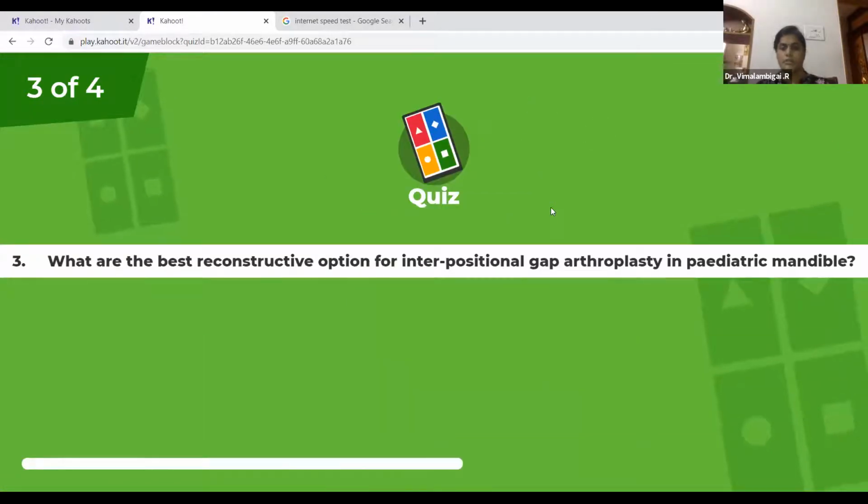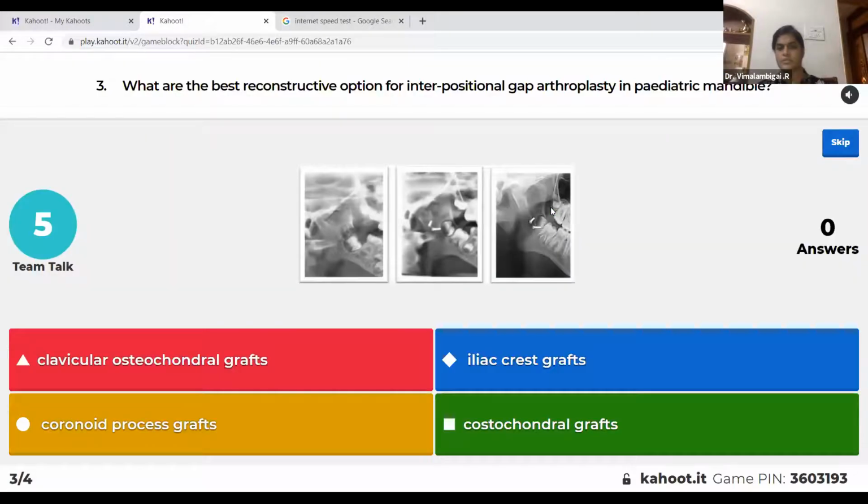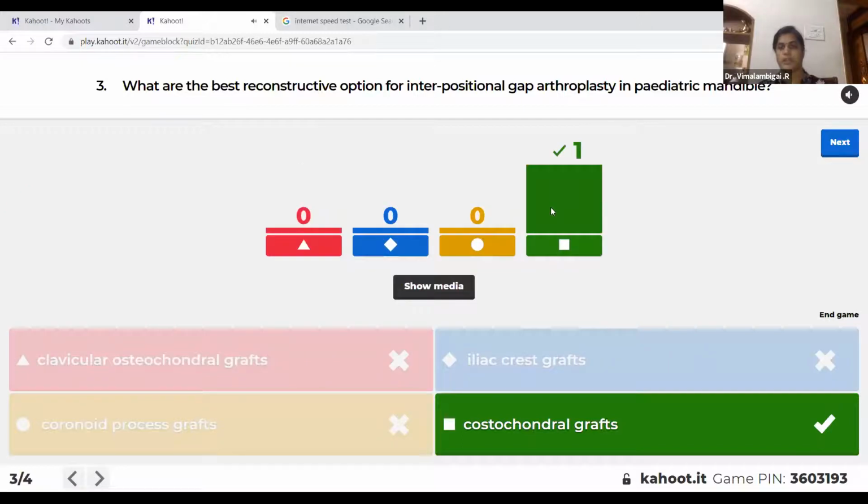Pediatric mandible, TMJ ankylosis, what is the best reconstructive option for an interpositional gap arthroplasty? Yes, costochondral grafts. Because it has a cartilage component as well as a bony component, the cartilage component contributes to the growth of the mandible.